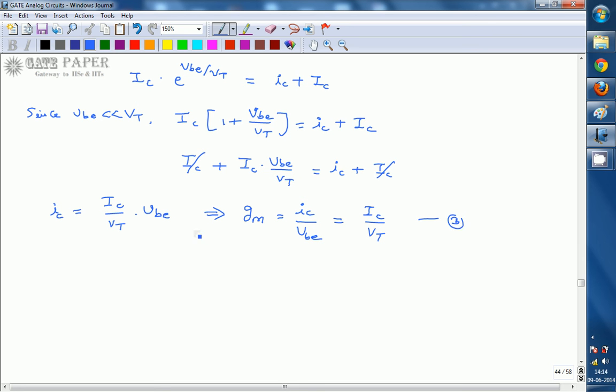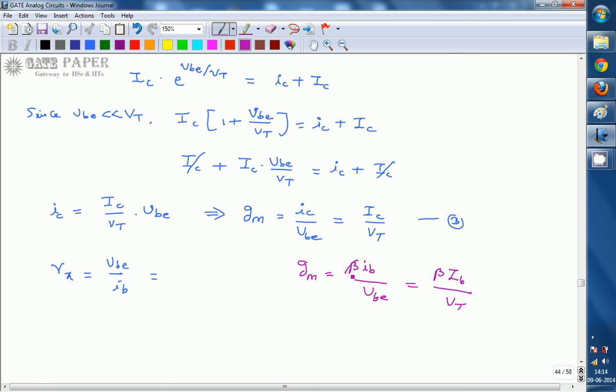Now what we are interested in is R pi. We have written R pi is equal to vbe divided by ib, and what we got is ic by vbe. Extending the equation, gm is equal to ic by vbe, which is beta times ib divided by vbe, which is equal to beta times capital IB divided by VT.